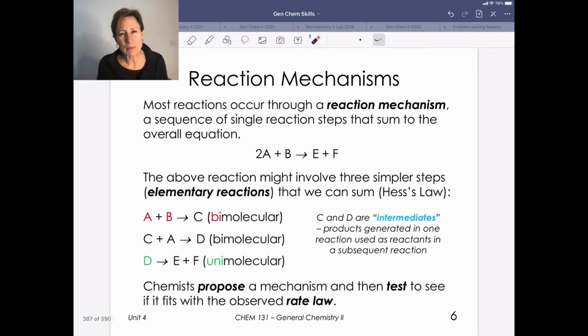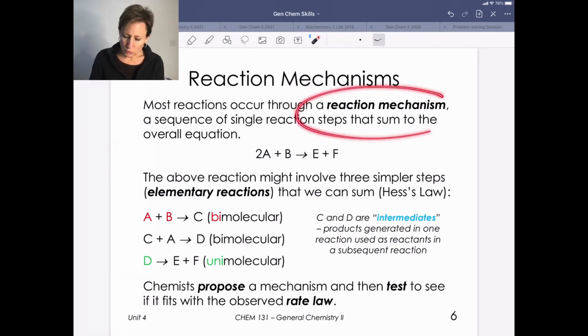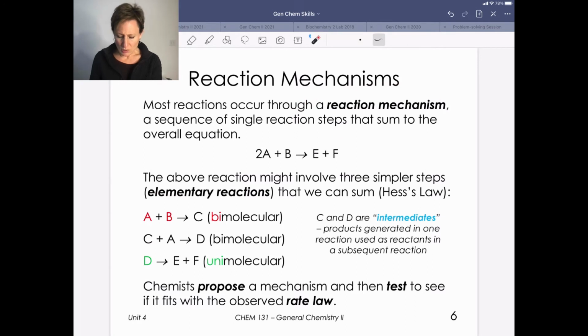The last little piece in this sort of grab bag of things in our last skill is thinking about reaction mechanisms. Okay, so most reactions actually occur through what we call a reaction mechanism. So let's say we had two A's plus B making an E plus an F. Well, in reality, this is not necessarily the single thing that happens.